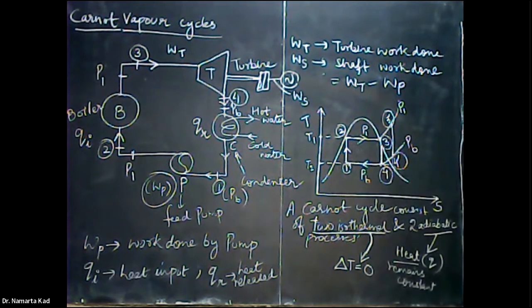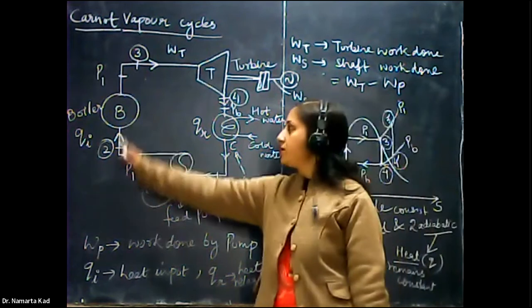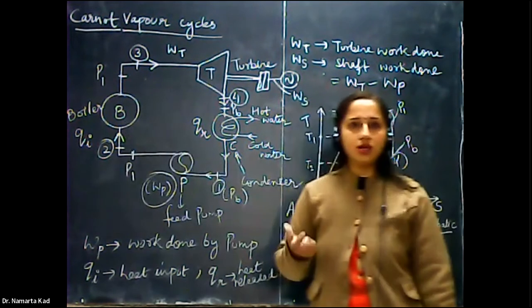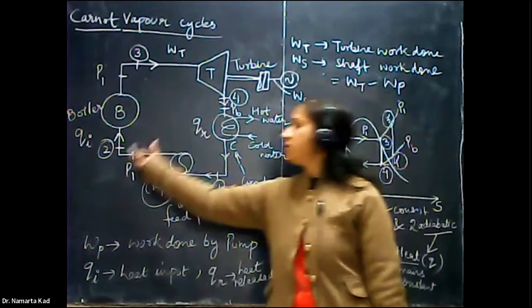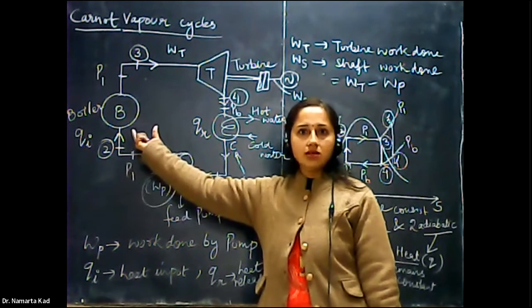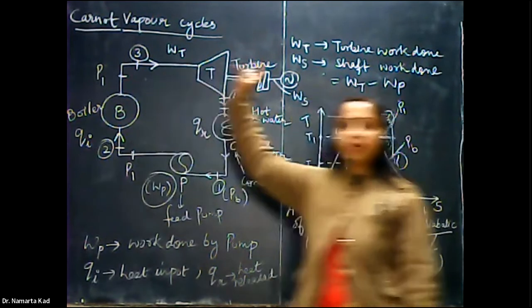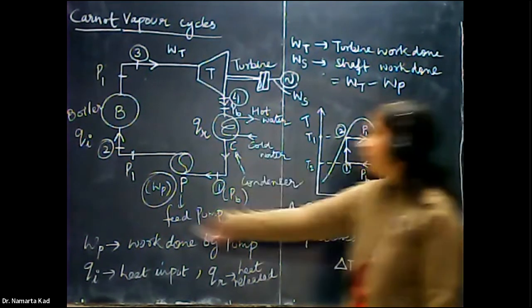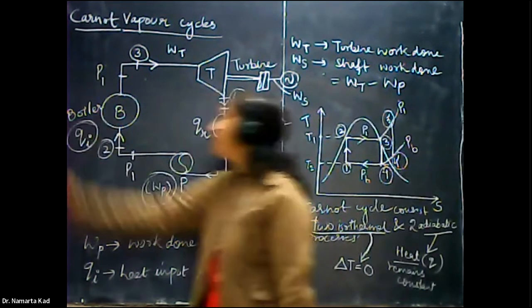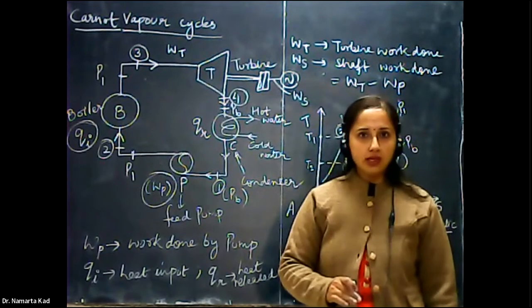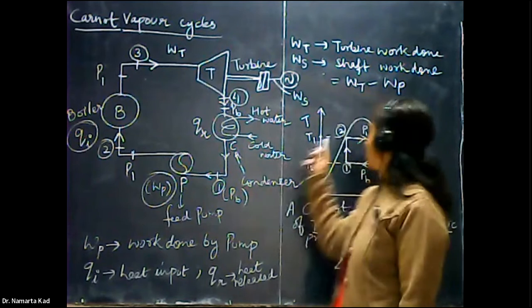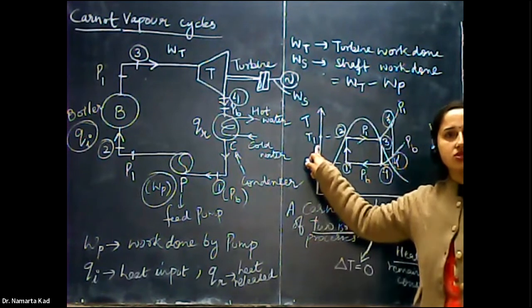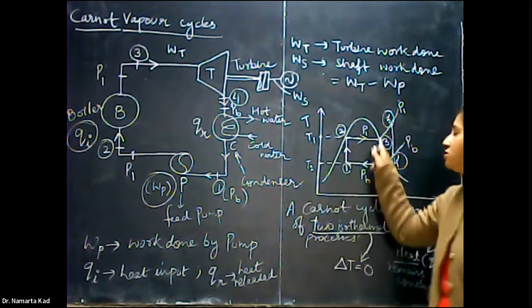The saturated liquid enters the boiler and is converted into dry saturated steam by absorbing the heat Qi. Here the heat Qi is absorbed isothermally at temperature T1.